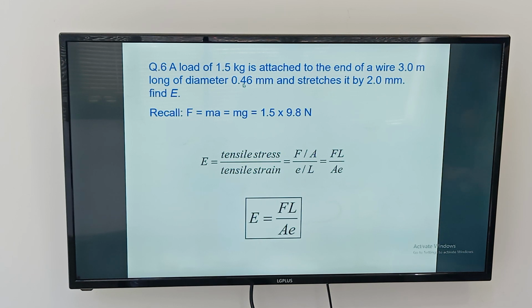So when we apply this load, whichever the weight was, the force of gravity will drag the wire down. In this question, we need to know the force applied. It's not directly given to us what the force is, so we need to find its value. We have the mass, which is 1.5 kilogram. We need to multiply it by the gravitational value, which is 9.8.